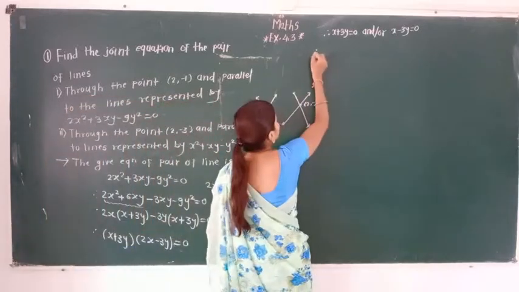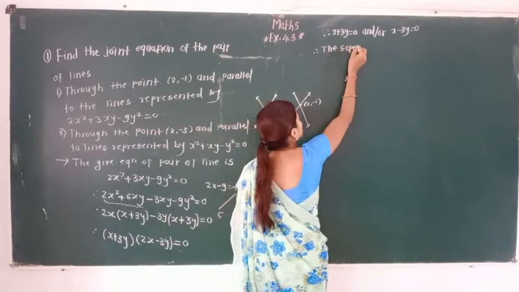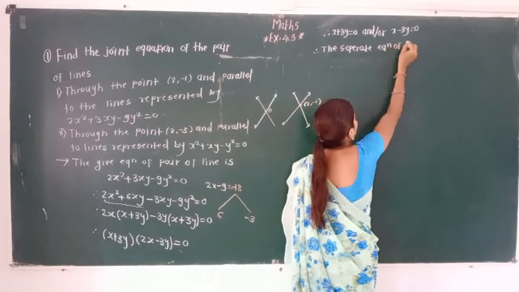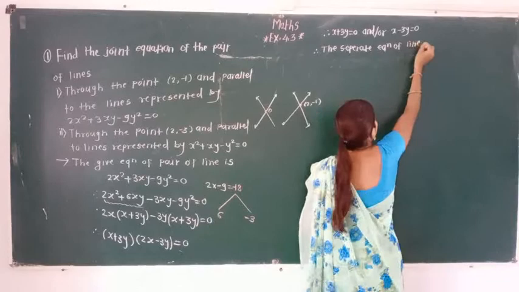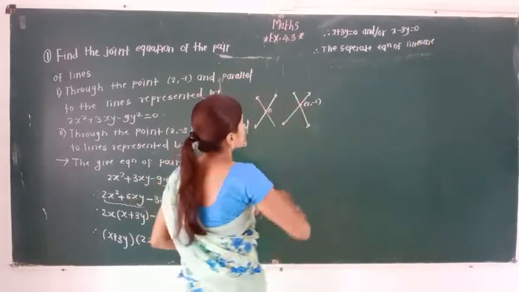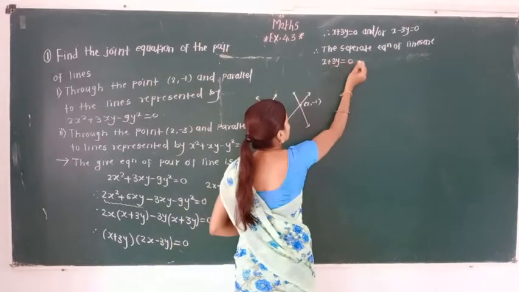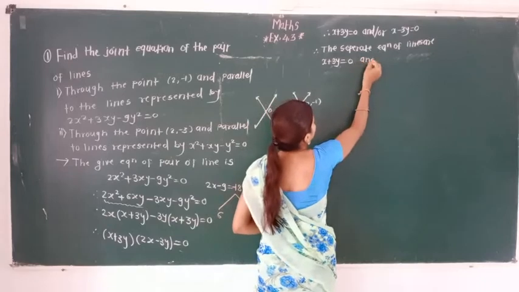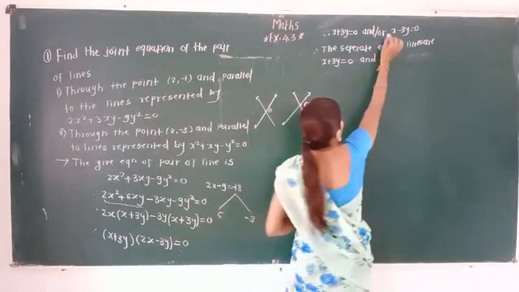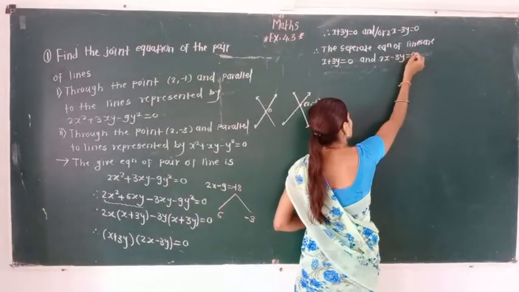Therefore the separate equations of lines are: first equation x + 3y = 0, and second equation 2x - 3y = 0.